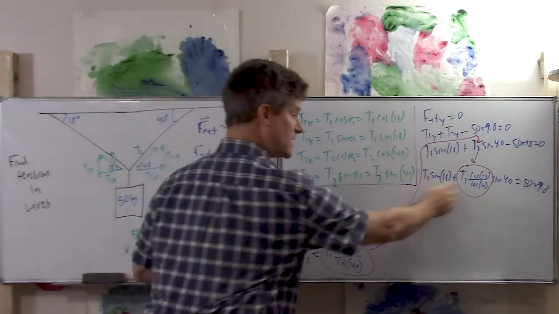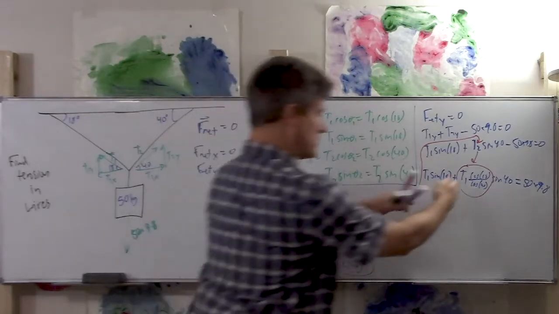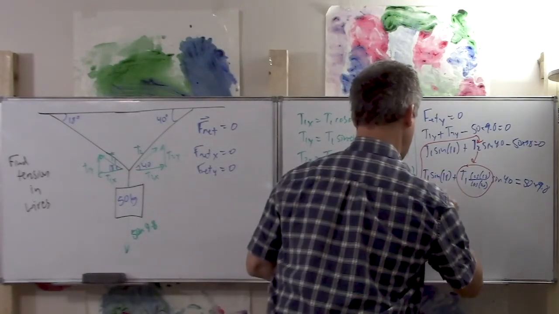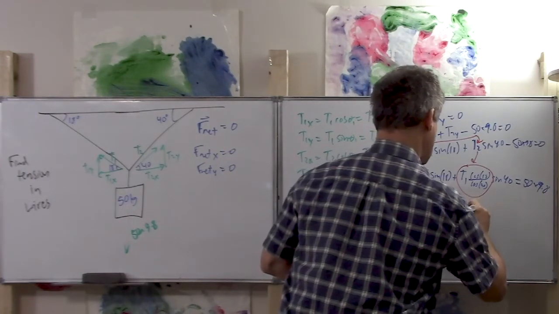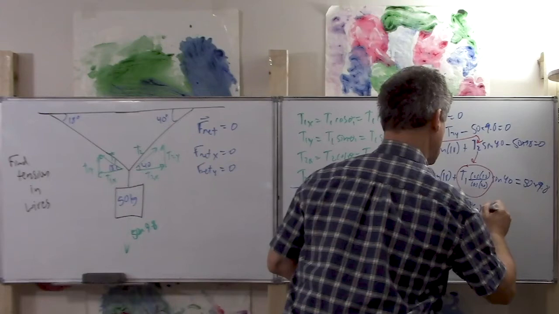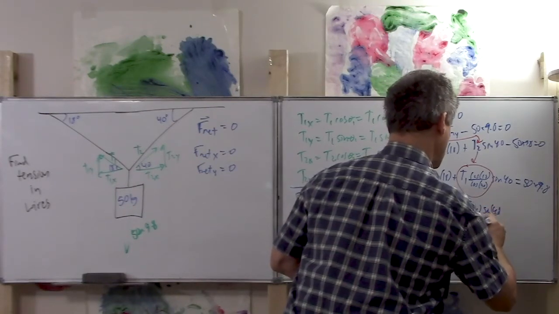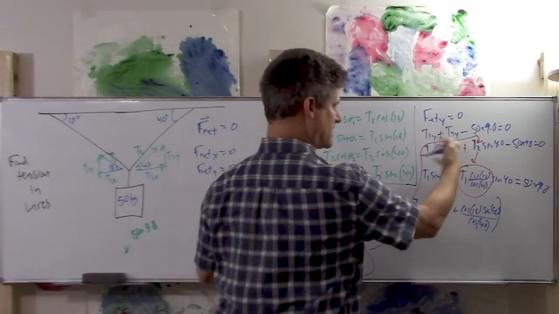Now we have one equation with one variable, T1. So the way to solve that, we would factor out the T1. So now we have T1 times sine of 18 plus cosine of 18 sine of 40 all over cosine of 40. Now if you prefer to work with the decimals, at each point you can just calculate that and find the decimal.